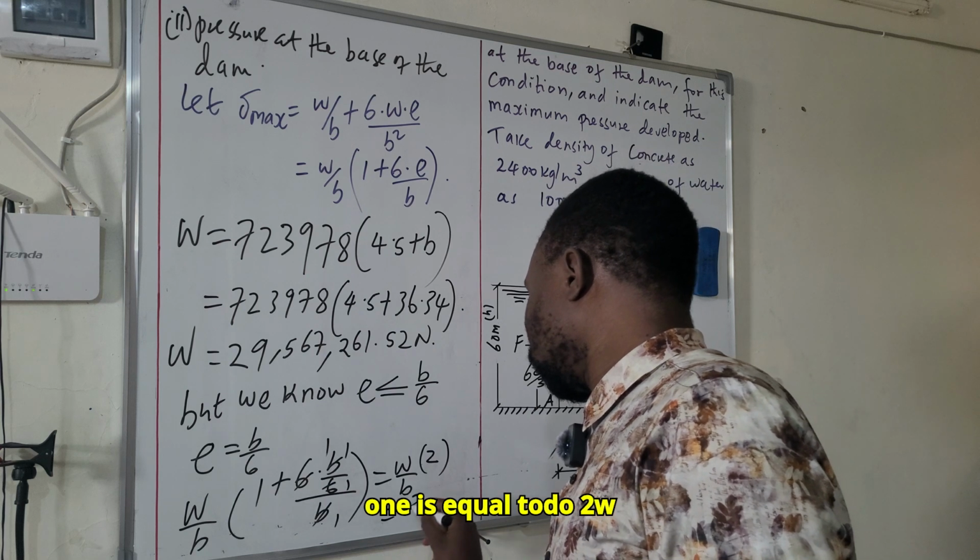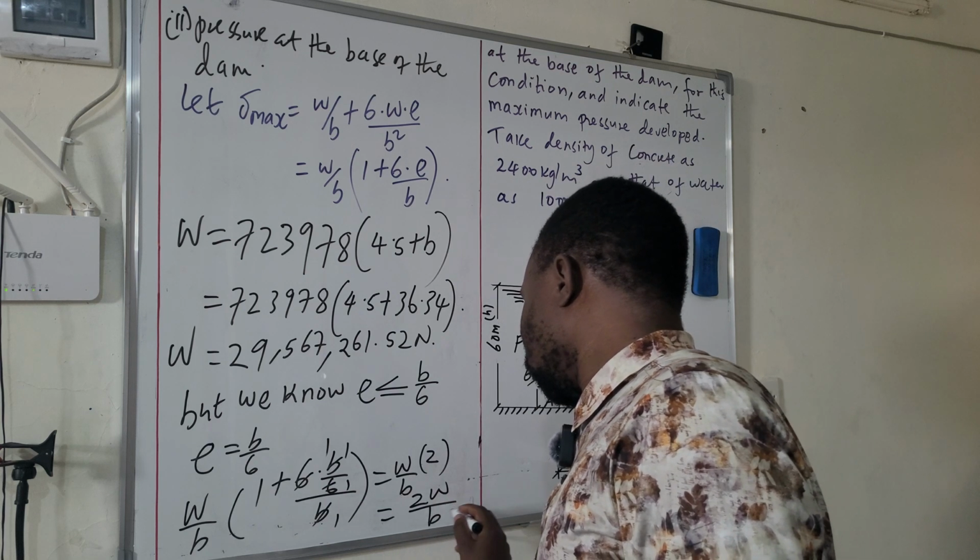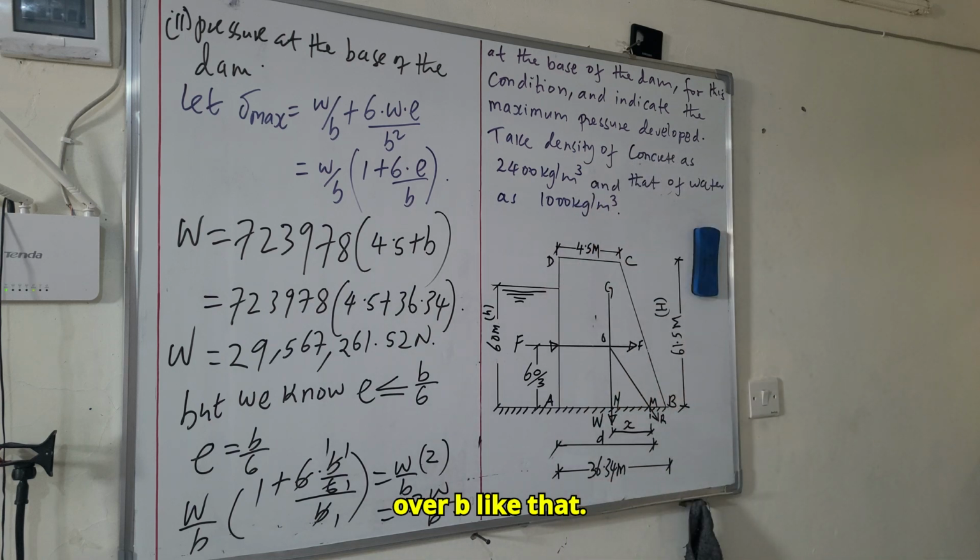So this is equal to 2W over B, like that.